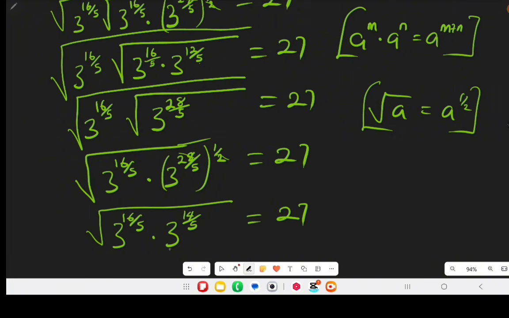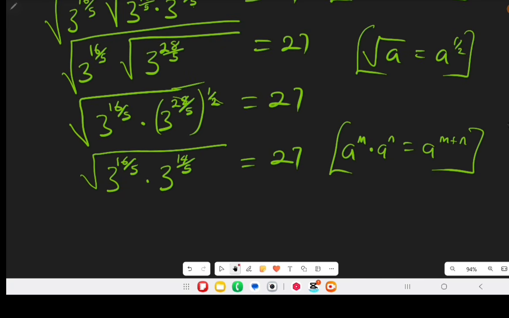Now if we apply the product law of indices, where we have a raised to the power of m times a raised to the power of n is equal to a raised to the power of m plus n, that is when we keep the base and add up the powers. And when we add up the powers, since it's a like fraction, we keep the denominator and add up the numerator. This will give us 3 raised to the power of 16 plus 14 gives us 30 all over 5. Will it give us 27?